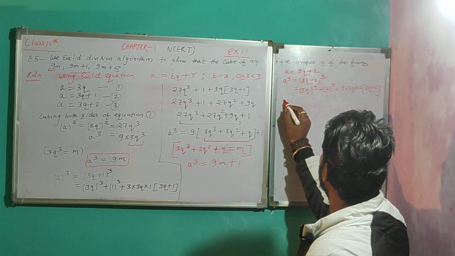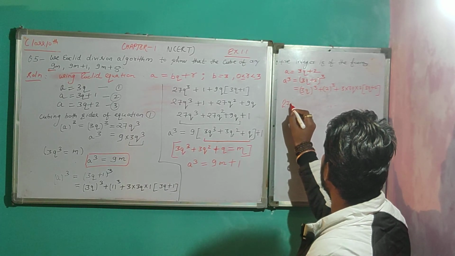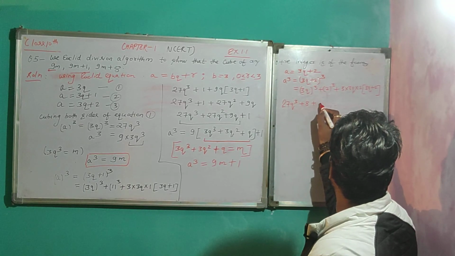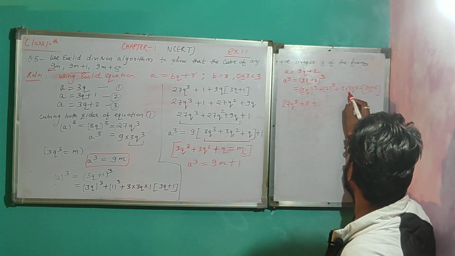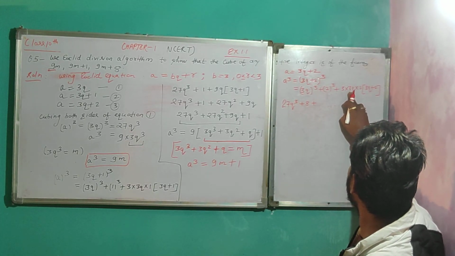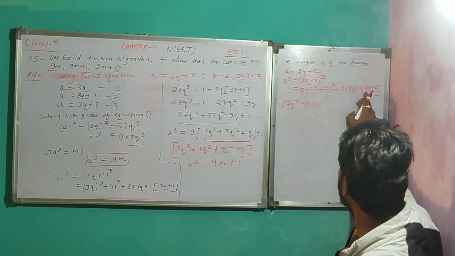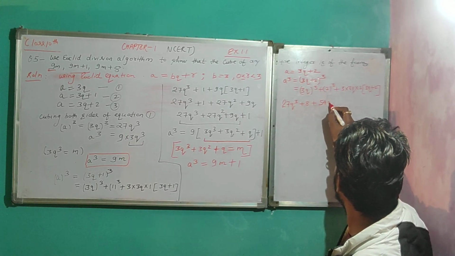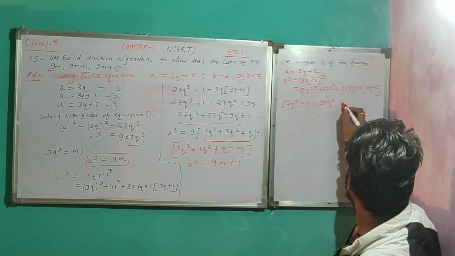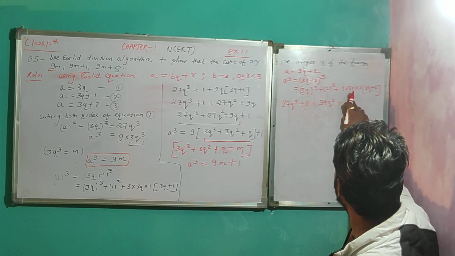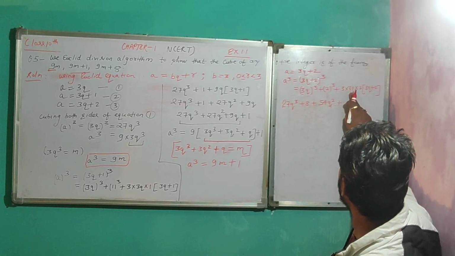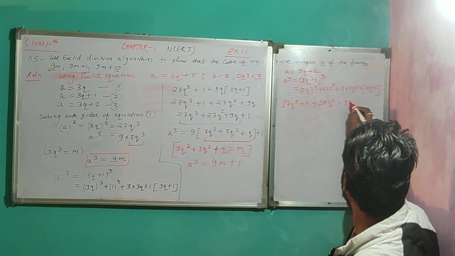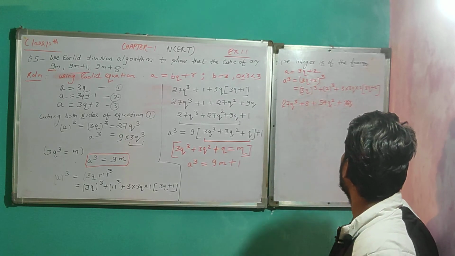We can write 27q cube plus 8, plus 54q square plus 36q.